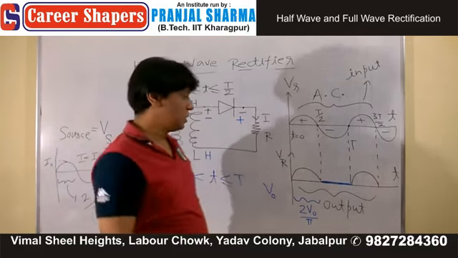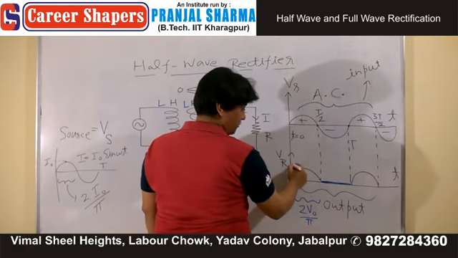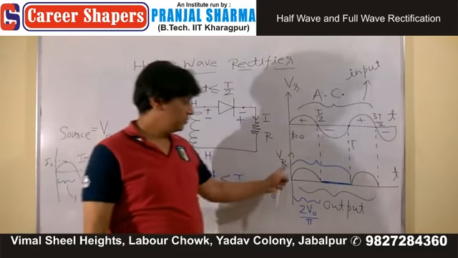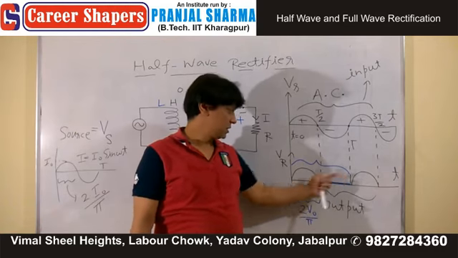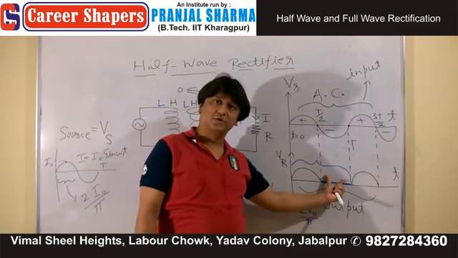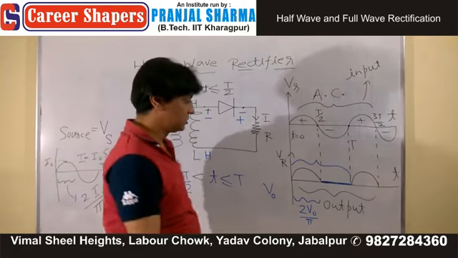But if they ask you answer for complete portion, from this place to this place, your average will be this average plus this average divided by 2. That's how you calculate averages.